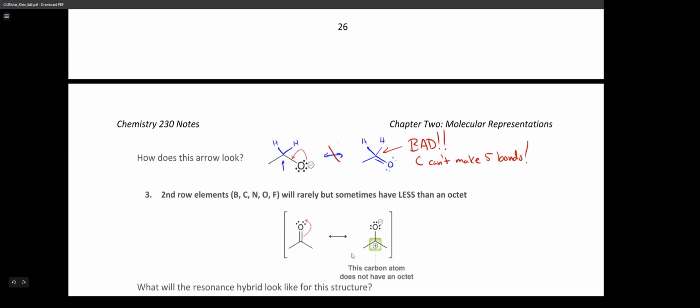Okay, so this is not good. Your eyes should sting when you see this. Oh, God, that's terrible. Terrible, terrible. Okay. No 5 bonds.